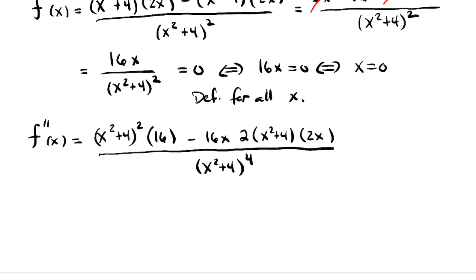All right, so you can do this algebra on your own and make sure you get the same thing. But if I factored out x squared plus 4 out of the numerator and canceled it, I'd have 3 of them left in the denominator. And the one that's left here would get multiplied by 16. So I would have 16 times x squared plus 16 times 4. And then on this side, I've already factored out this x squared plus 4. It's gone. So I just have to multiply 16 by x by 2x, right?